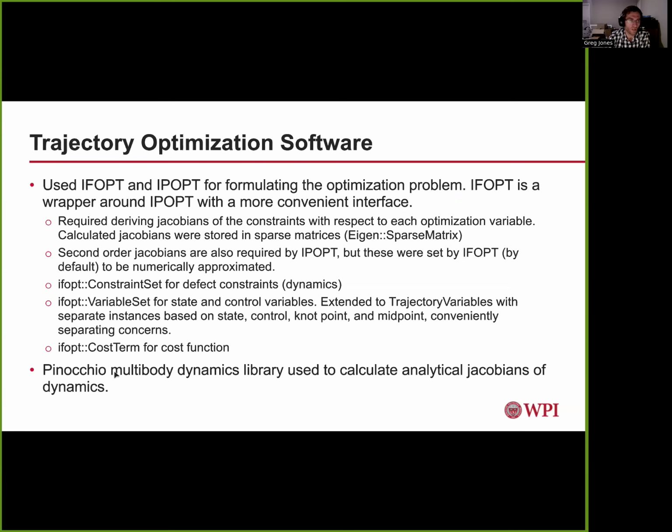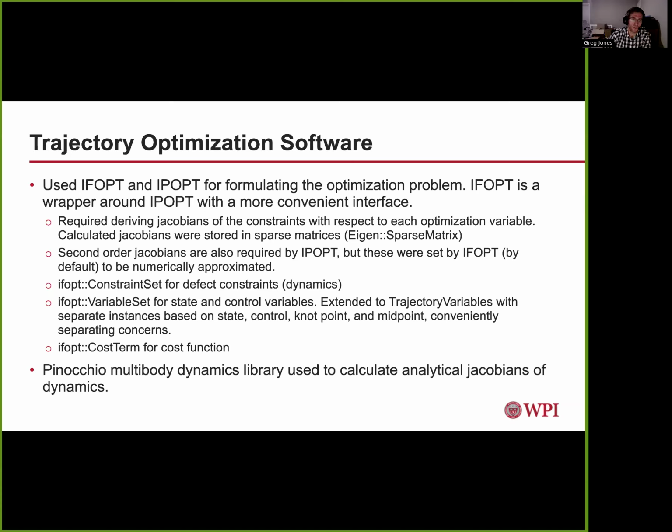For the optimization software, the low-level library was IPOPT for the solver, and then IFOPT was the wrapper around that, which created a convenient interface to IPOPT for defining our NLP problem. Part of that required actually deriving Jacobians of the constraints for each algorithm with respect to each of the optimization variables.